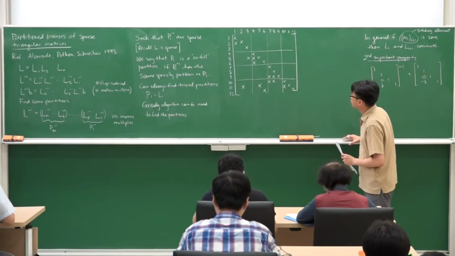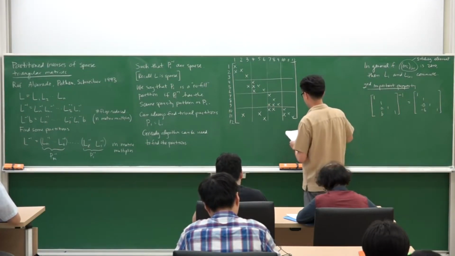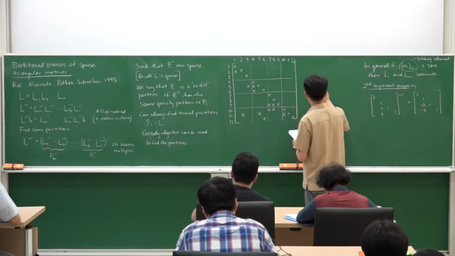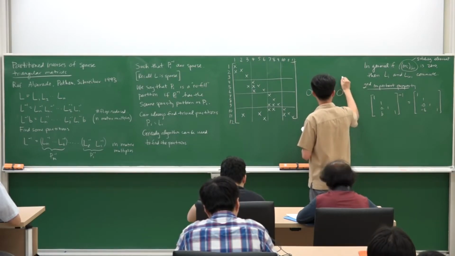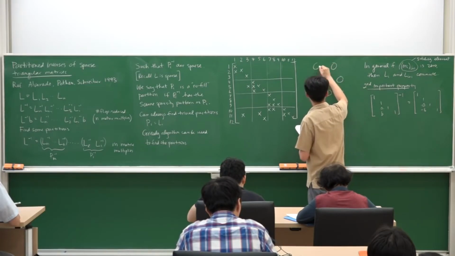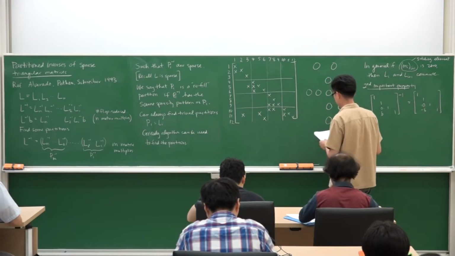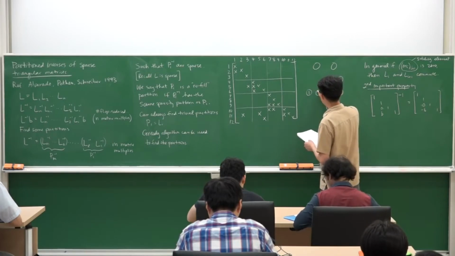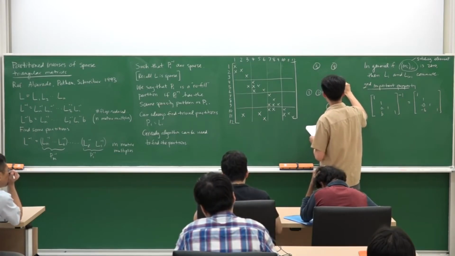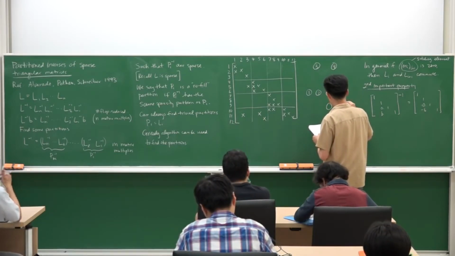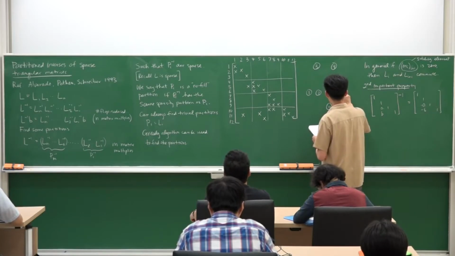So we can draw the graph of this matrix. So 1, 2, 3, 4, 5, 6, 7, 8, 9, 10, 11, 12.